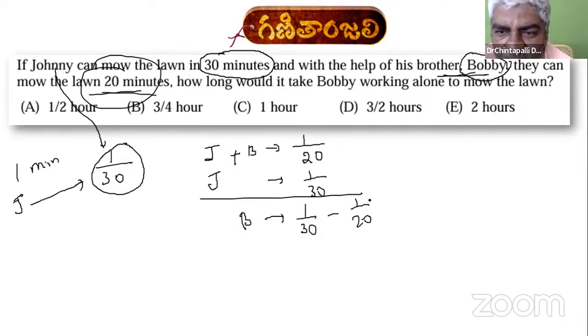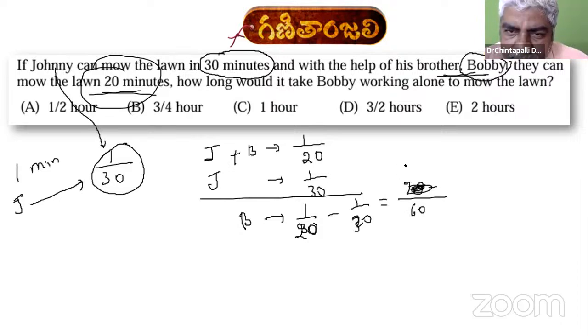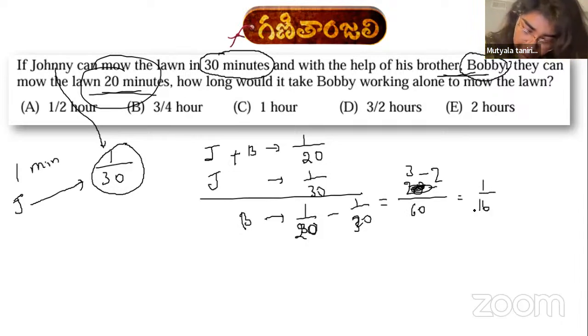What is its simplification? LCM 60. 1/20 minus 1/30, that means 3 minus 2, is equal to 1/60.